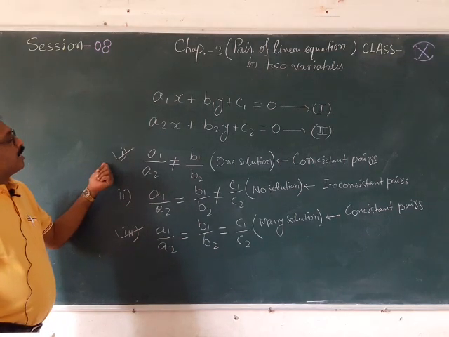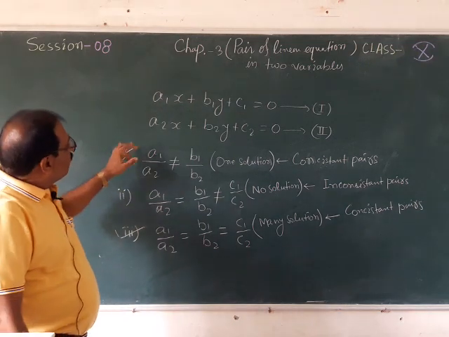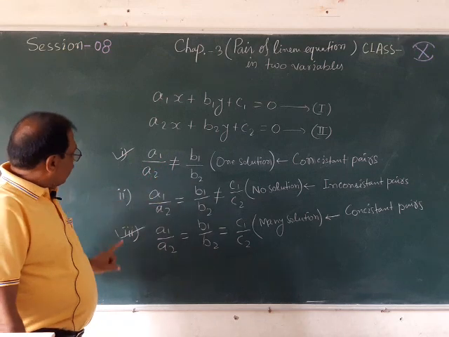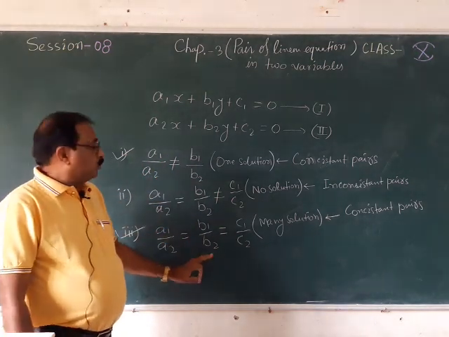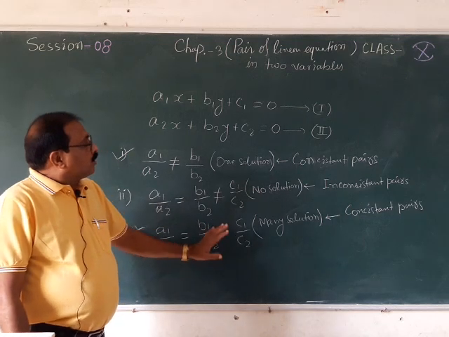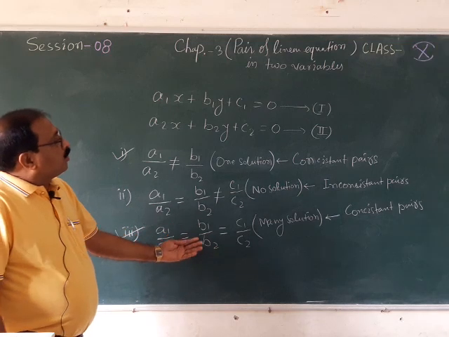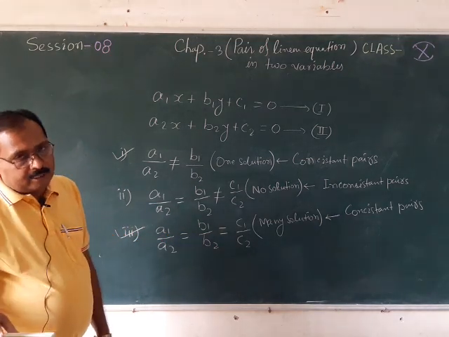In case number 1 the pair of linear equations is consistent, but here a1 by a2 is not equal to b1 by b2. And in the third case you can see a1 by a2 is equal to b1 by b2 is equal to c1 by c2, then you are having many solutions, and this is also the case of consistent pairs of linear equations.